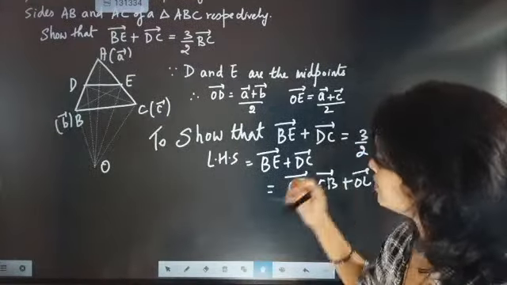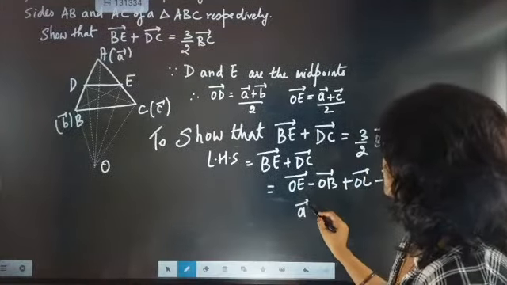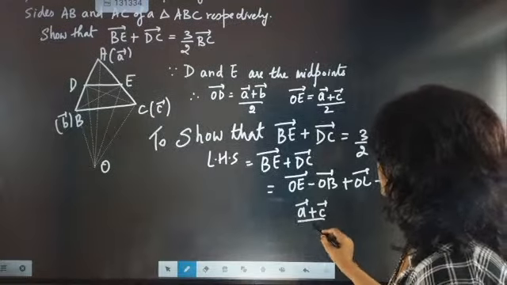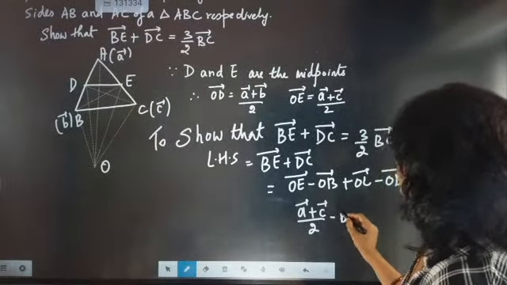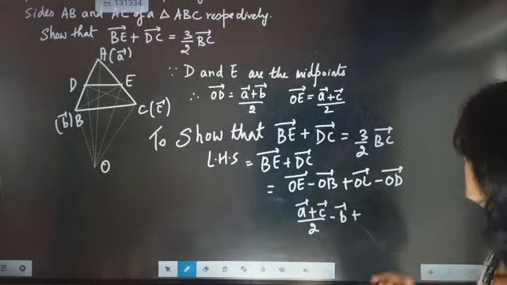Now what is OE? OE is written as (A vector plus C vector) by 2 minus B vector. What is OC?